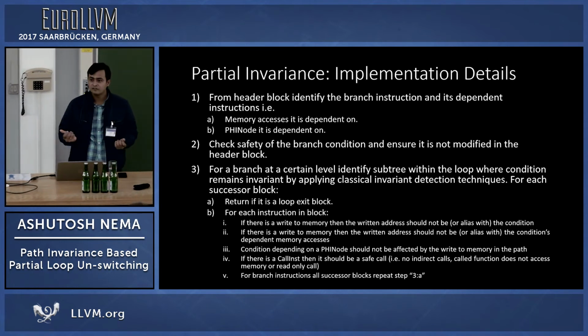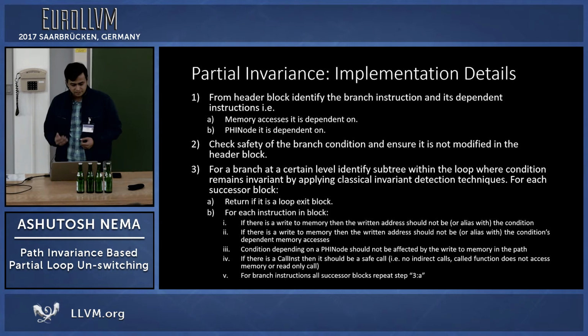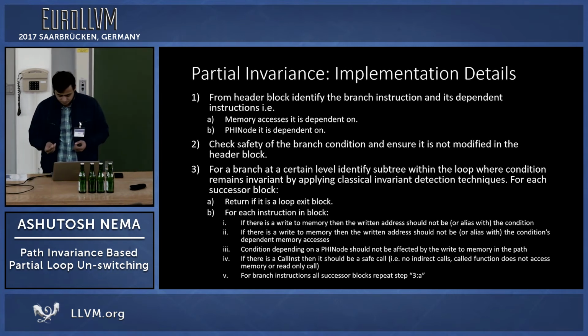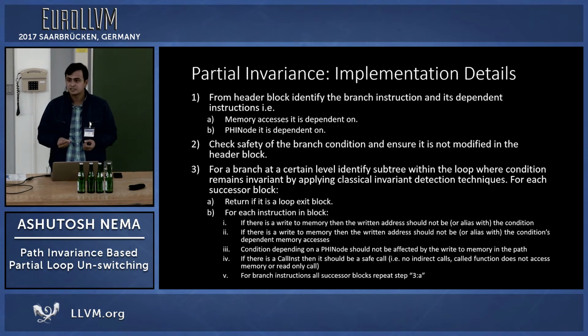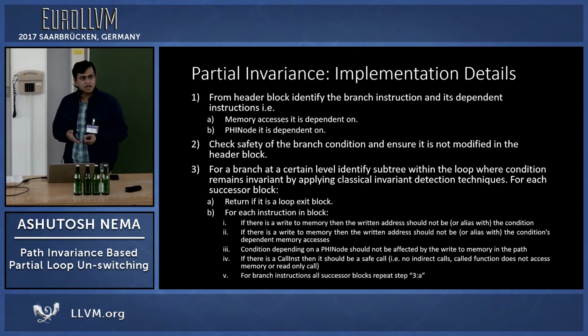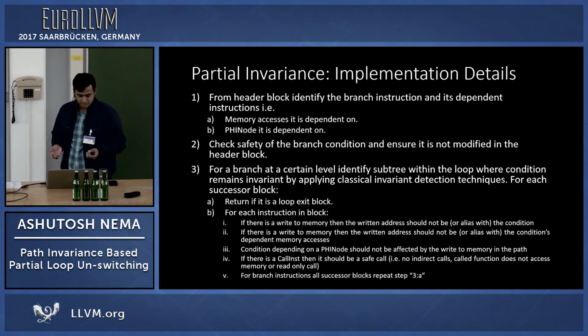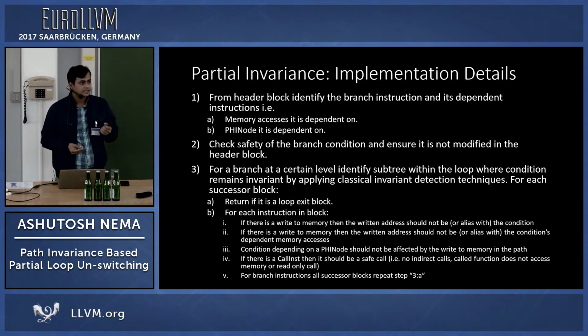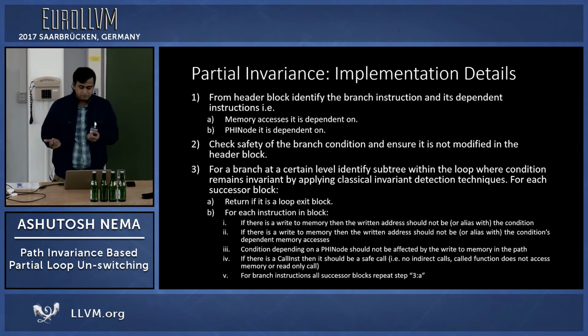If it is not getting modified in the header block, then the third step comes, where we start with the successors of the branch instruction in the header block and traverse the subtree. Here the path checking starts. We are starting with the header block successors. We'll take the first successor, and the subtree below is a path first, and so on with the second successor.